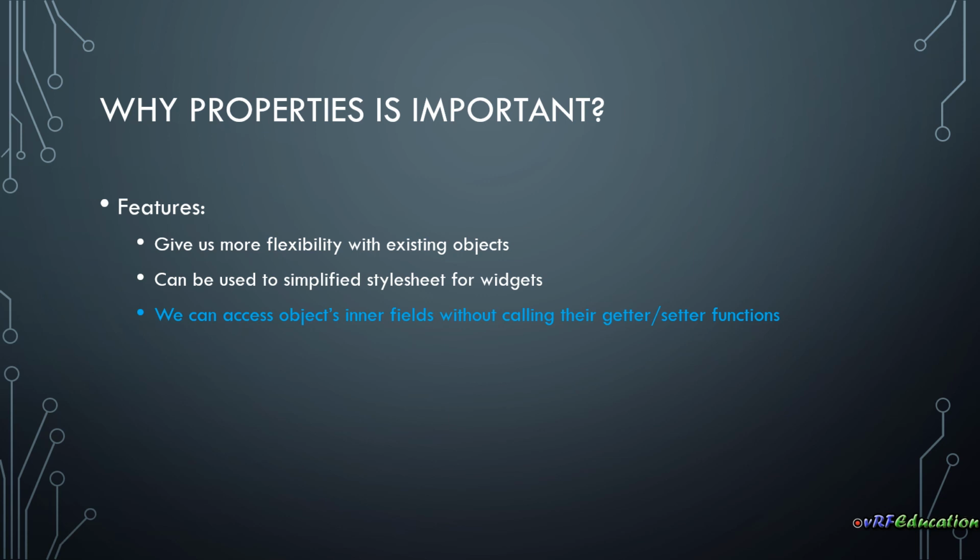By using this feature, we can have more control on CSS selectors. And last and most important feature for me is that using properties, we can access objects' inner fields without using their setter and getter methods. This feature is vital for my library. Don't panic, I will check all these features in real application very soon.